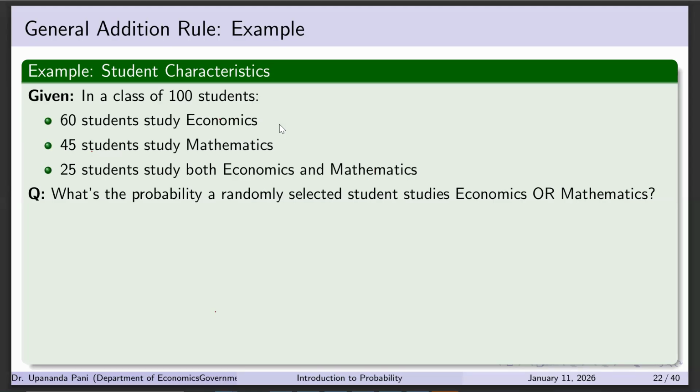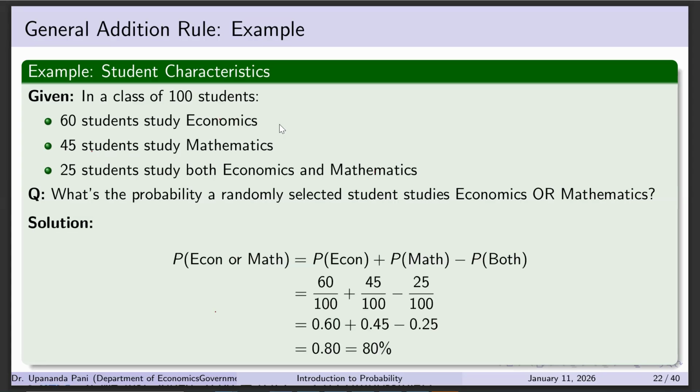It means you didn't get the answer. No, sir, I was calculating. Okay, keep on calculating. What is the answer, Shivani? Sir, 0.8. Okay, very good.